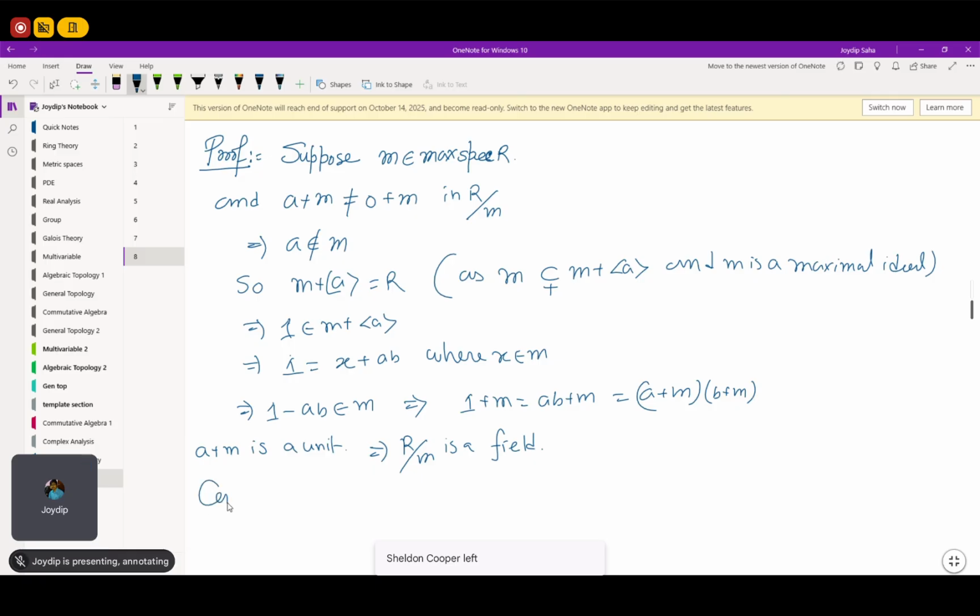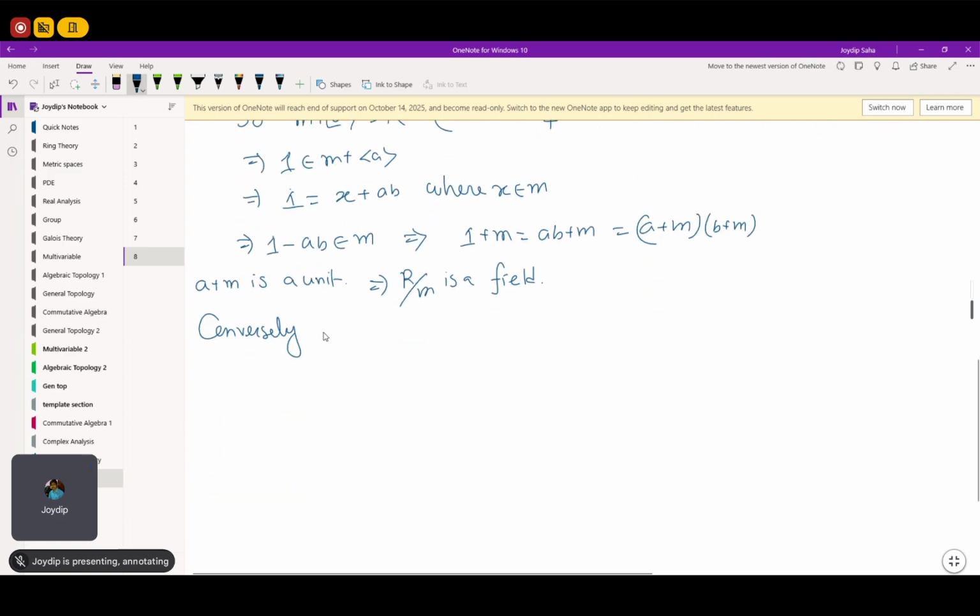Conversely, if R mod M is a field, we need to show that M is a maximal ideal.